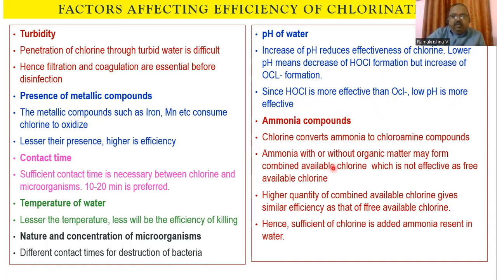Ammonia without organic matter may form combined available chlorine, which is not as effective as free available chlorine. A higher quantity of combined available chlorine gives similar efficiency to that of free available chlorine. Sufficient amount of chlorine should be added if ammonia is present in the water.